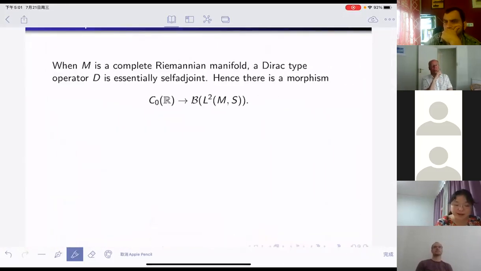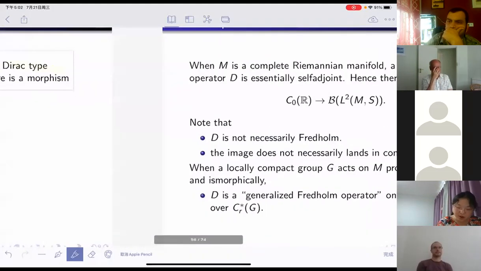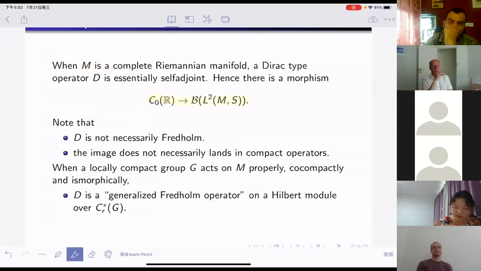So in the non-compact setting, if we now assume we have a complete Riemannian manifold and a Dirac type operator, which is essentially self-adjoint because of the completeness, one can always take the functional calculus. But in this case, D is not necessarily Fredholm, because if the manifold is not compact, the image may not land in compact operators.